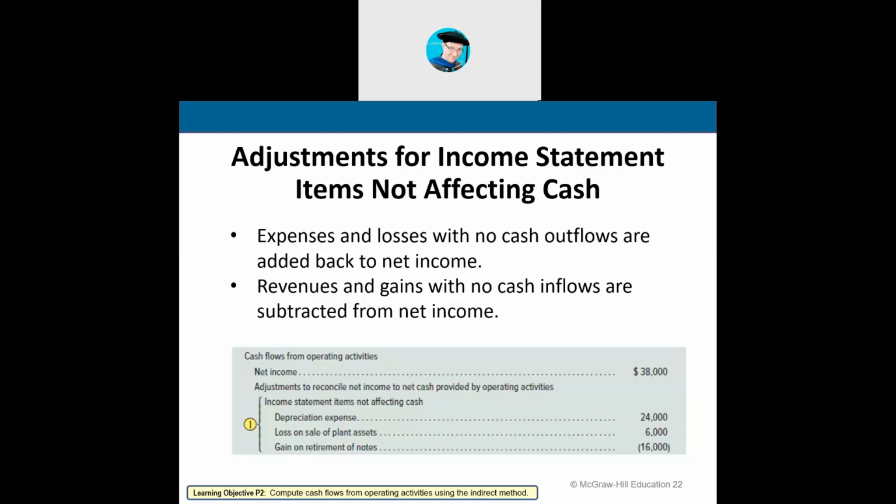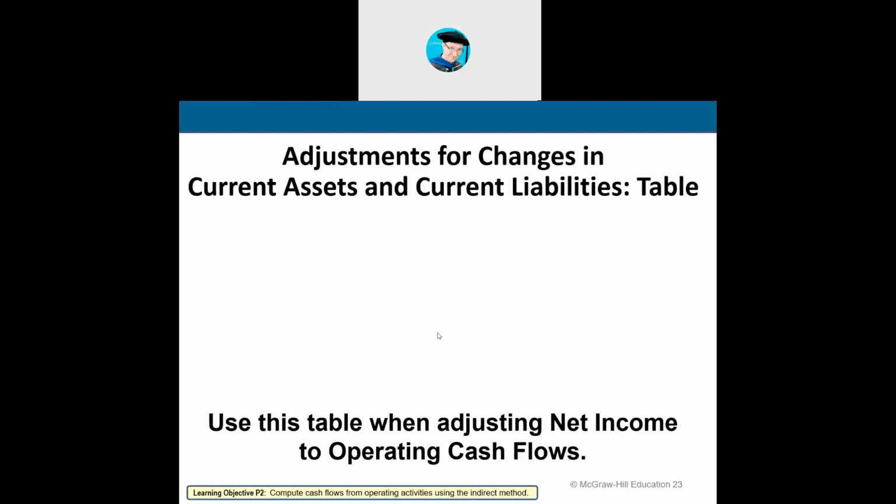Things like depreciation expense, loss in the sale of property, plant, and equipment, or the gain on the retirement of notes. Expenses and losses without cash flows are added back into the net income. And revenues with no cash inflows are subtracted from that income. That's how the adjustments are made.